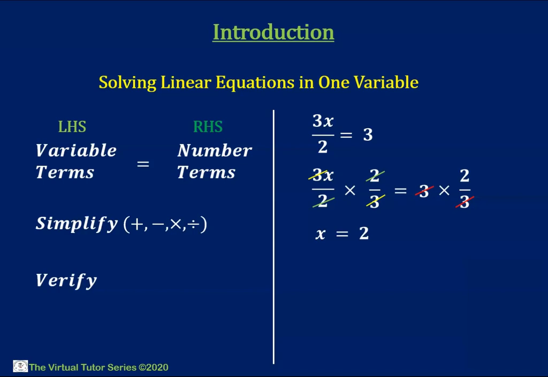To verify this, let's put 2 in place of x. So we have 3 times 2 over 2 is equal to 3. 3 times 2 is 6, and 6 divided by 2 is 3.